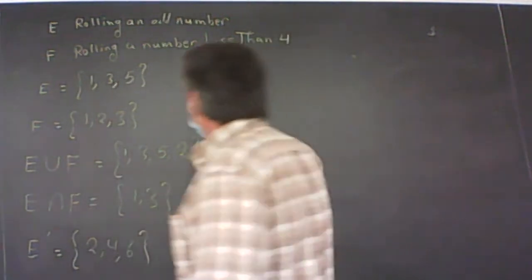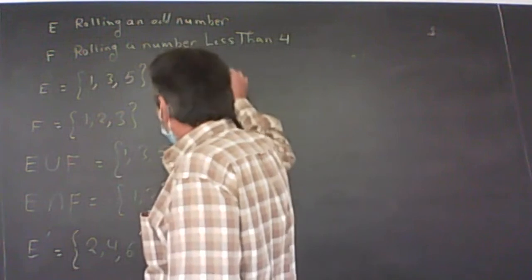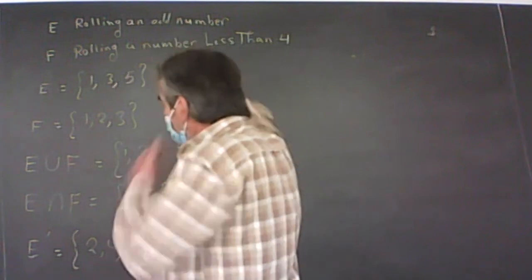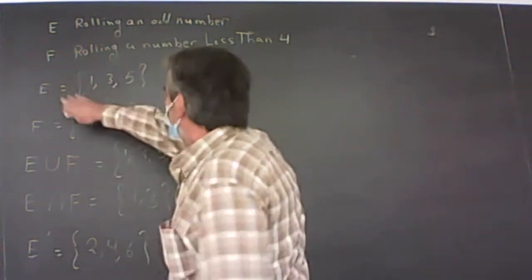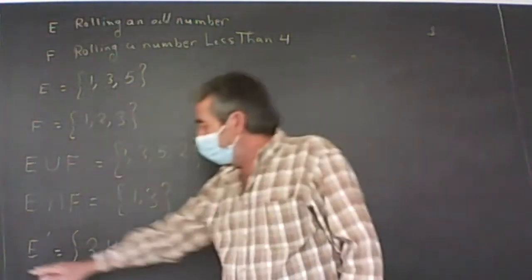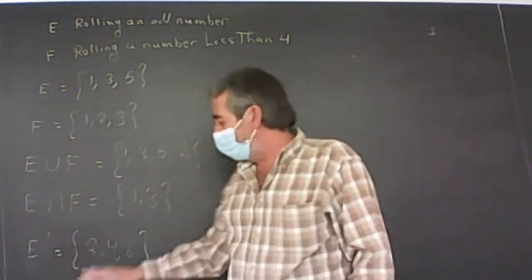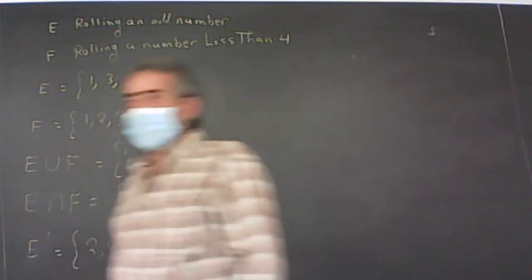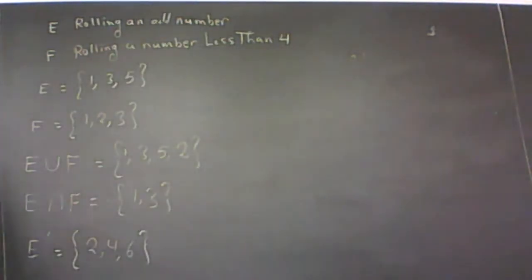If I take another set, notice E is all the odd numbers, right? E complement are all the even numbers. Notice between those two sets, we do not have any intersection, yeah?